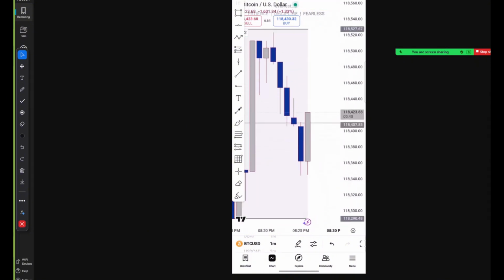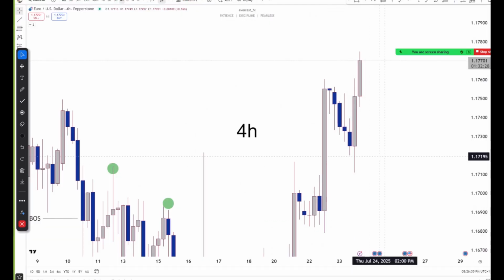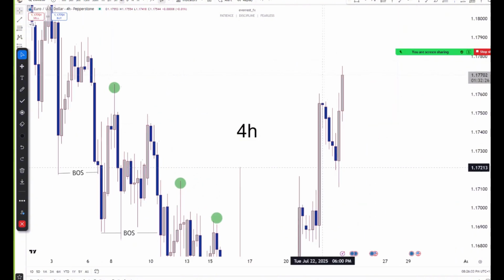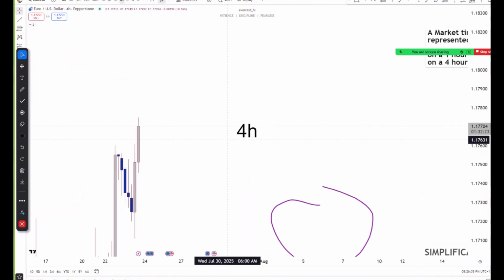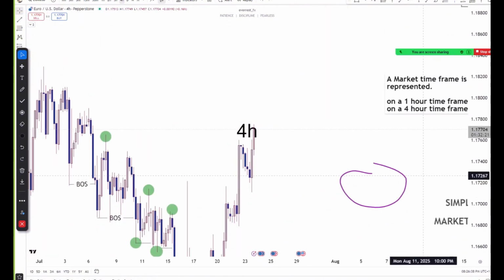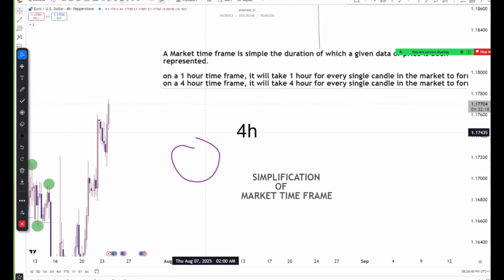It simply means that every candle you see here takes that particular time frame to form. Now, if I go to 1 minute, for instance, it means that every candle you see here takes 1 minute to form.